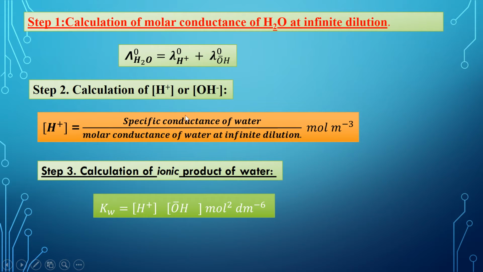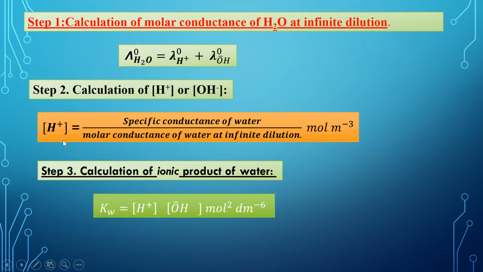Though specific conductance of water is given, molar conductance of water at infinite dilution should be calculated from the values of H plus and OH minus conductance at infinite dilution. So in step 1 you calculate molar conductance of water, and specific conductance of water is given, that will give you molar concentration of H plus.